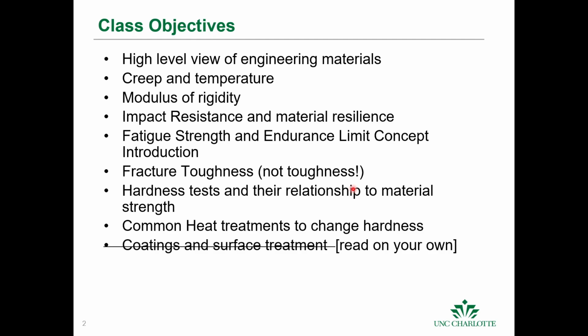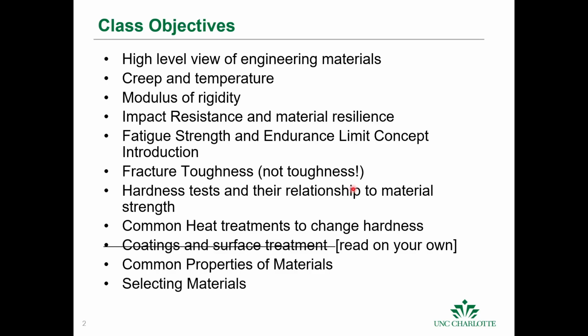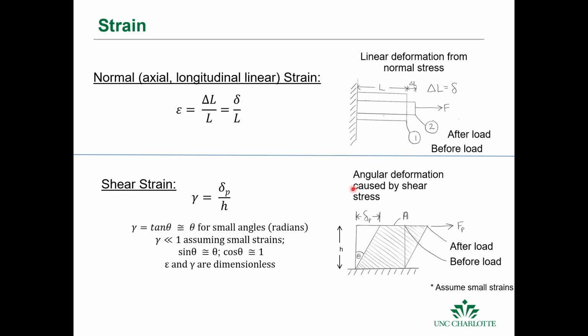We're not going to get into coatings and surface treatments, but I encourage you to read that chapter on your own. We will touch on that later when we talk about surface failure. And then we'll talk about some of the common properties, and then give a very high level view of how to select materials. So we've devoted one class to this subject of materials, and hopefully it will serve as a good review.